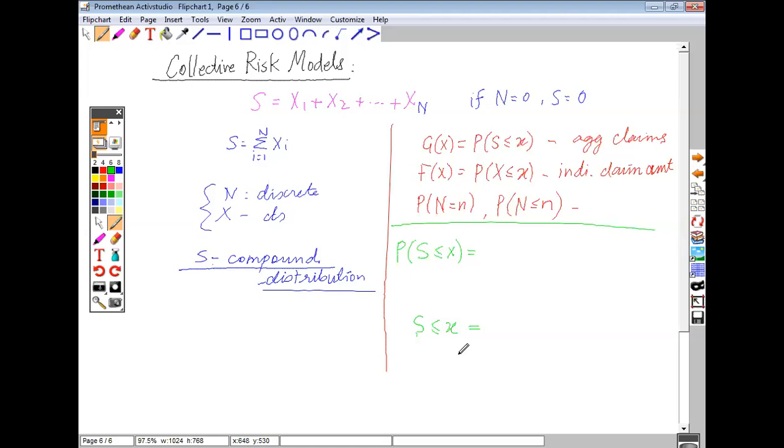But again, we do not know what value our N takes. So capital N's value is unknown to us, right? Because we're looking at a collective risk model. So what do you guys think will be happening here if I have to define this set? How can I rewrite this in terms of N? Does anyone have any idea?